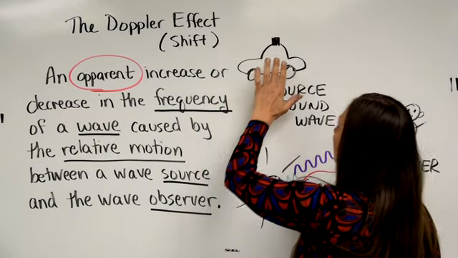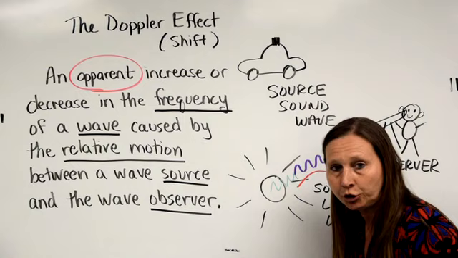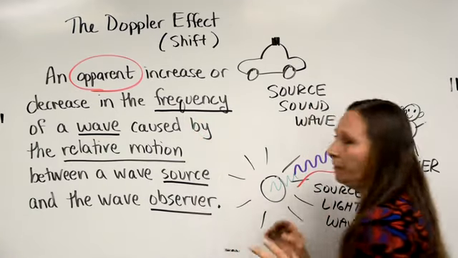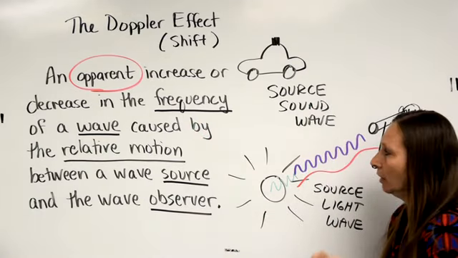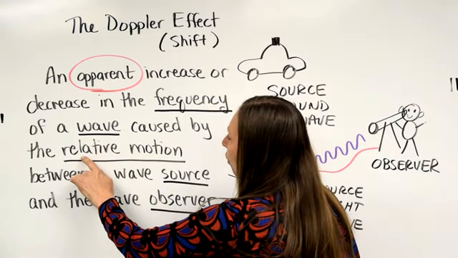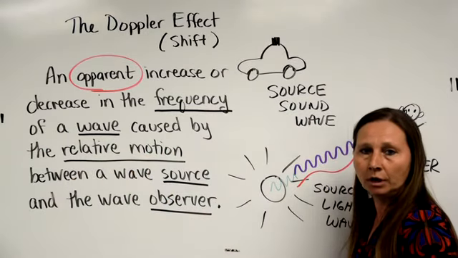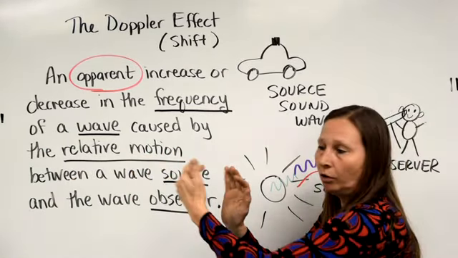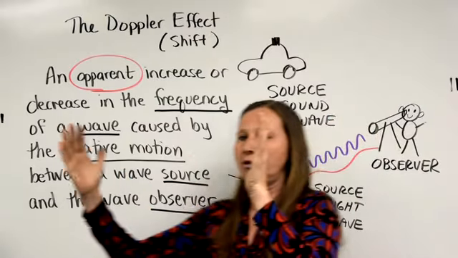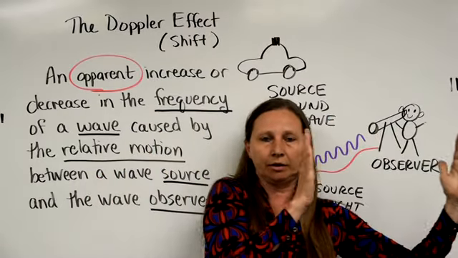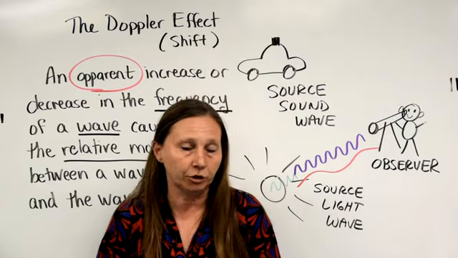Keep in mind the frequency of a sound wave is the pitch. The frequency of a light wave is the color. All right? It's caused by relative motion. They're either getting closer together or getting further apart. They're not traveling together. If they were traveling together, there would be no Doppler shift.